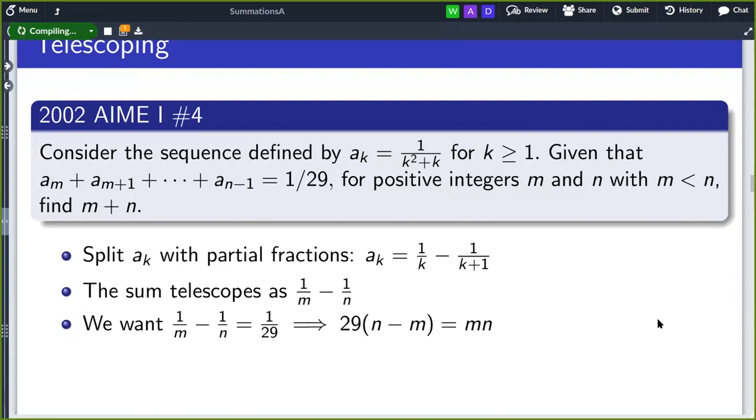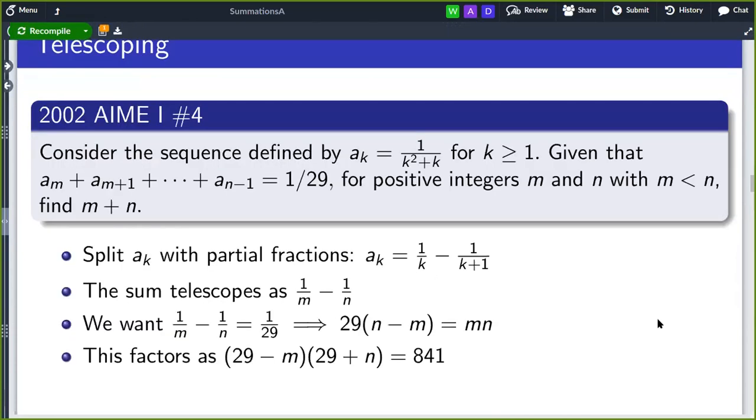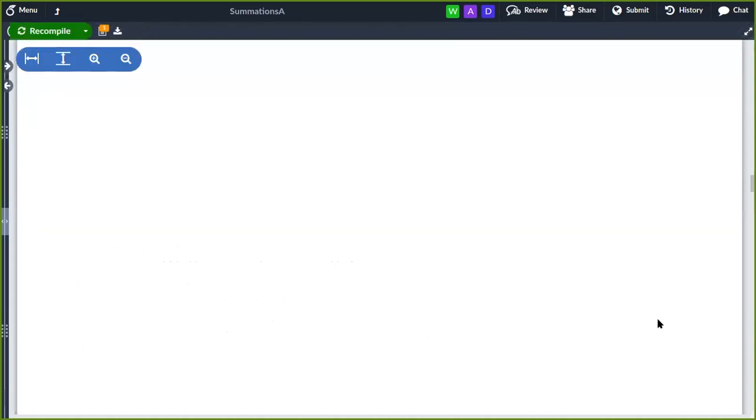So does anybody have a pair which works? Yeah, so m is going to be equal to 28 and n is going to be equal to 812. That's the 1 times 841. And that means our answer is 840.